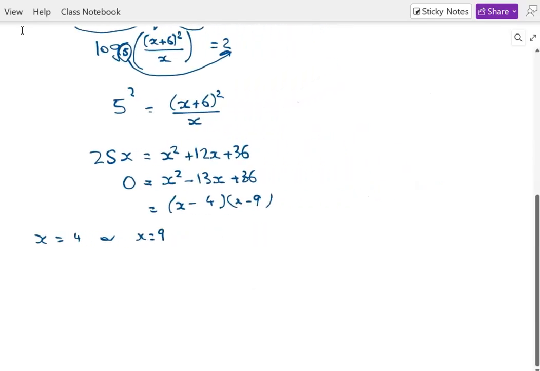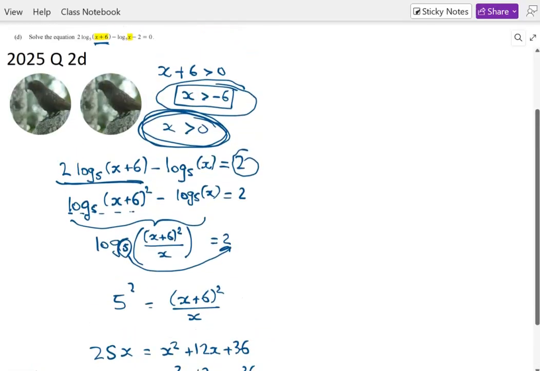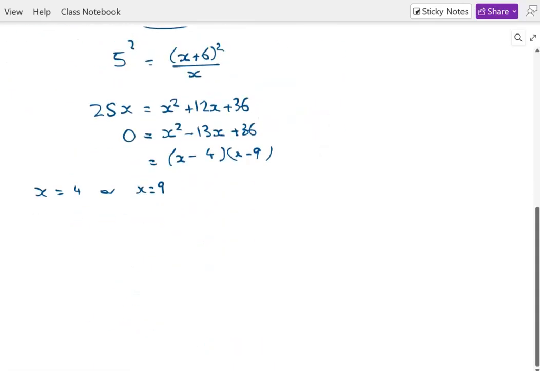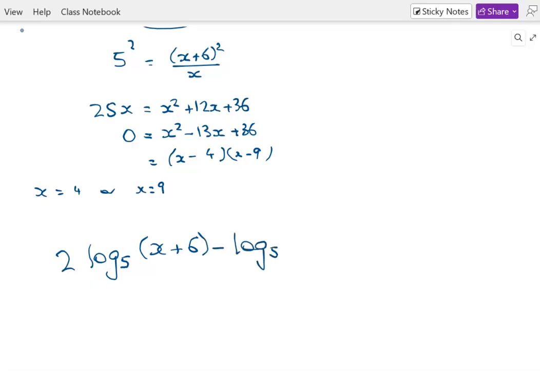Now if we go back to the start, remember that our restriction was that x had to be positive. So it looks like they should both work, but I'm going to check them back in the original equation. The original equation was 2 log to base 5 of x plus 6 minus the log to base 5 of x minus 2 has to equal 0. Let's substitute in x equals 4.